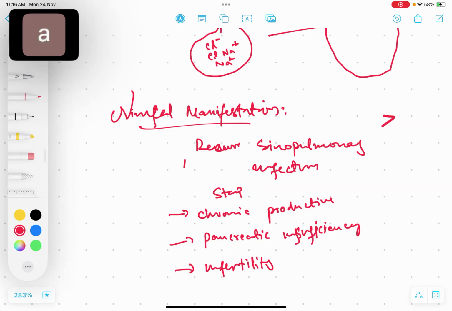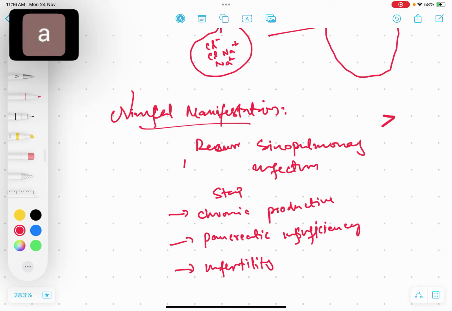Also, with time, it will lead to bronchiectasis, right? Because, for example, with infection from Pseudomonas aeruginosa, they produce a lot of enzymes, for example, elastase, phospholipase C, etc., which damage the mucus wall, right?